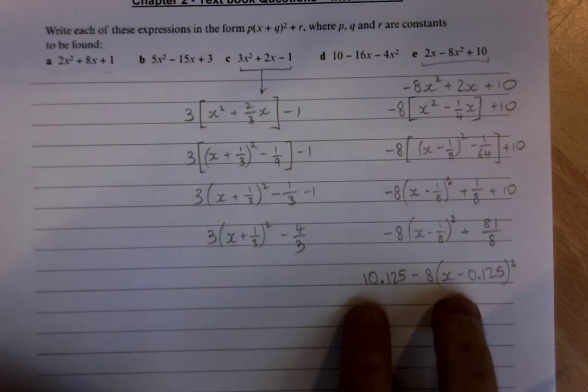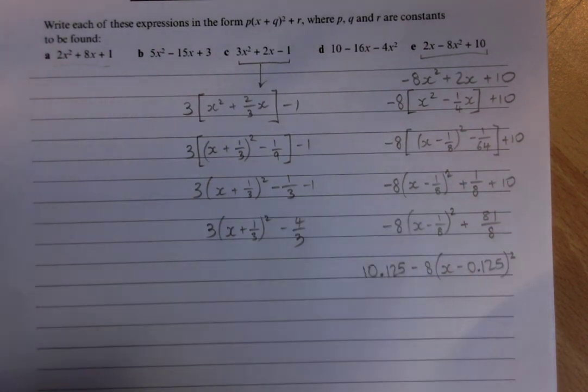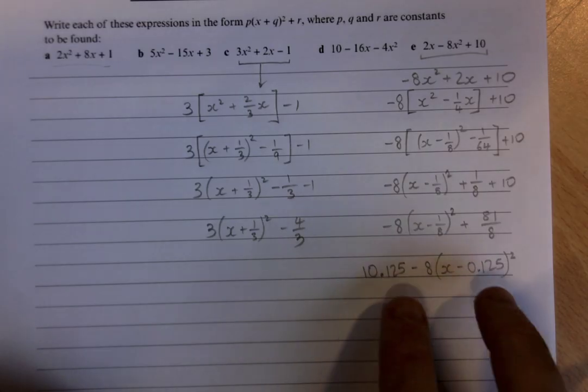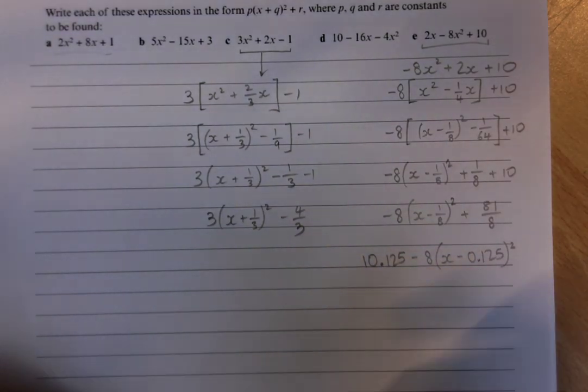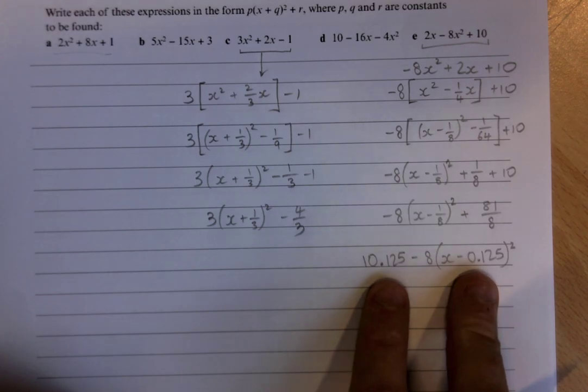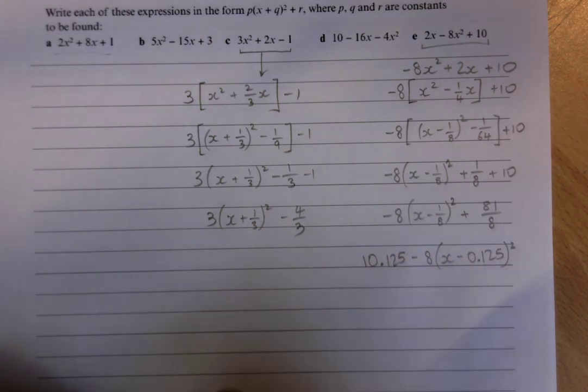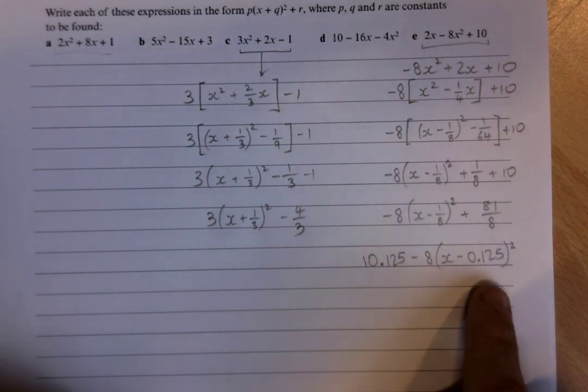And when it looks like this, it may not necessarily look like it's been put into completed square form, and this is the kind of thing that will happen in those more advanced questions with modelling. Everything about this is the same as it was with a quadratic.